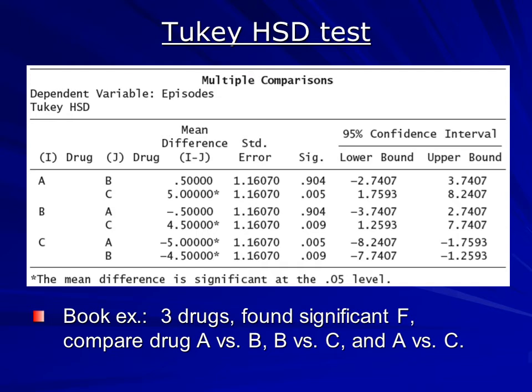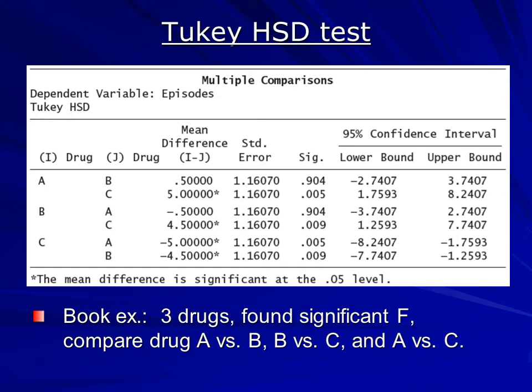We know it's significant because they give us a little asterisk here. So I know there's a significant difference between A and C, and I know that A is 5 higher than C. How do I know that? Because I've got a positive number here, 5, so this one has to be higher than that one. Next row, B versus A. It's the exact same thing as A versus B.